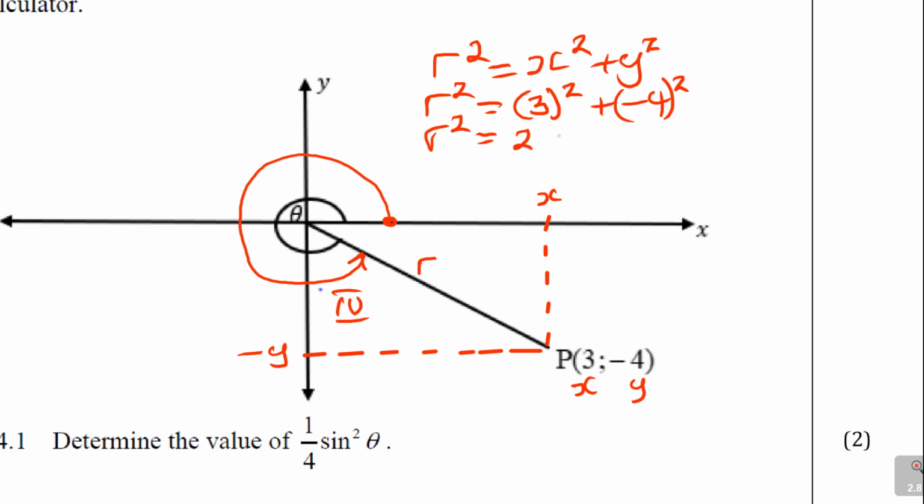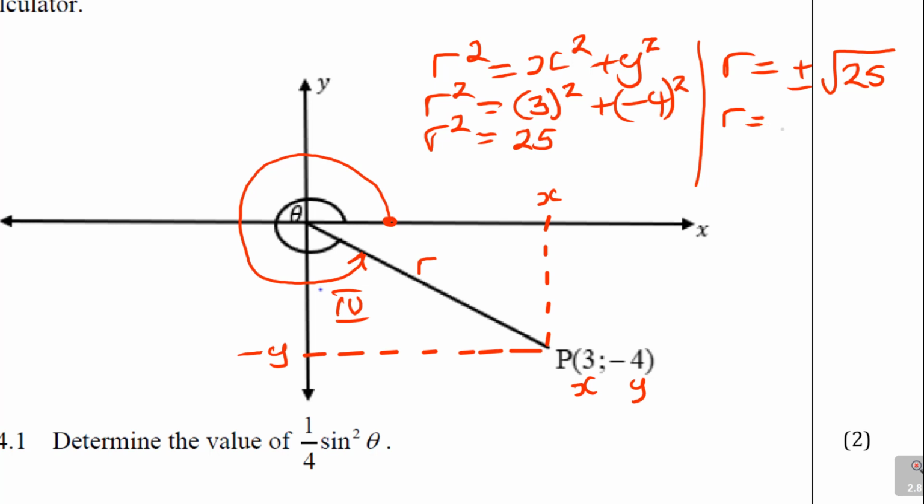I think we did it before. 16 plus 9 is 25. Now look at it. When I square it, I need space here. Let me leave it like that for now. When I say r is equal to plus or minus square root of 25, we said r is positive, so the plus or minus is not important here, so don't worry about that.